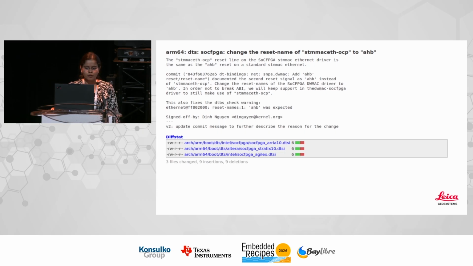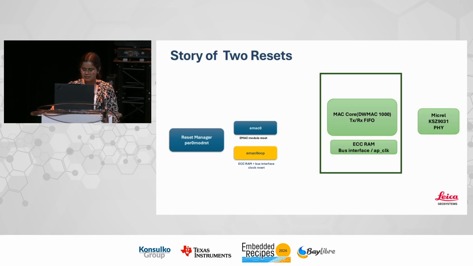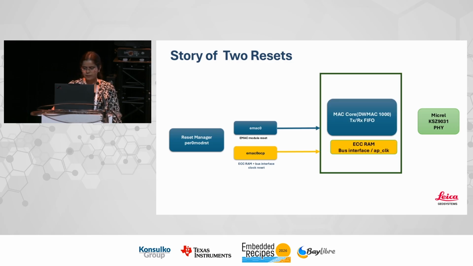Before I go much deeper around these resets, I'll take a step back and let's see how it looks on the hardware side. On Arria 10, with this Ethernet MAC, we have two reset domains: EMAC0 and EMAC0 OCP. These two resets are managed by the Reset Manager and set in the per0 mode register, and they take care of two different parts of this entire core.